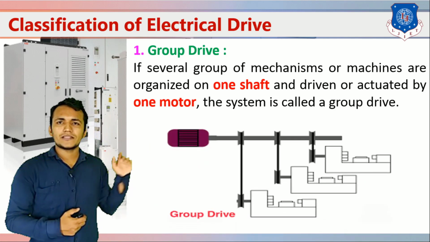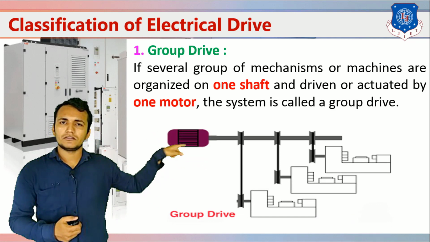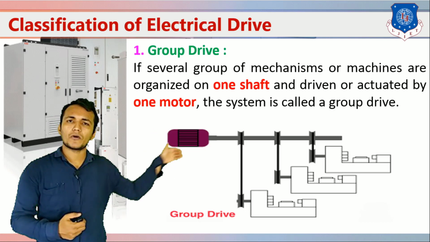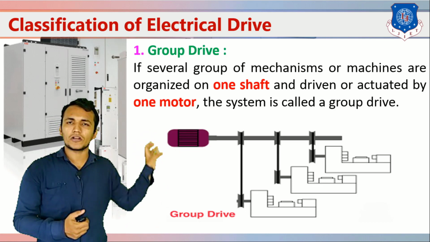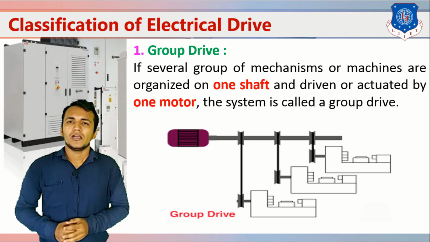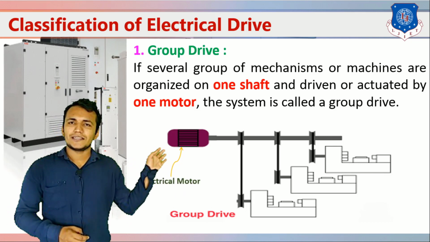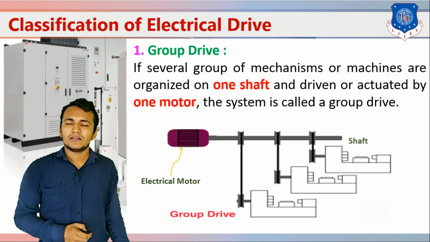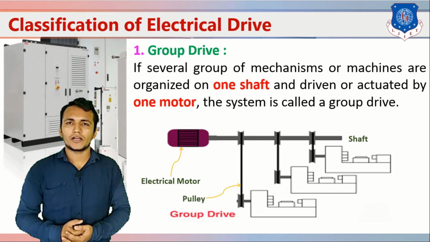Now in this figure you can see one induction motor, and the motor shaft has a group of mechanisms connected by pulley or gear system. First there is the electric motor, then the shaft, and you can see the pulley system is also connected.